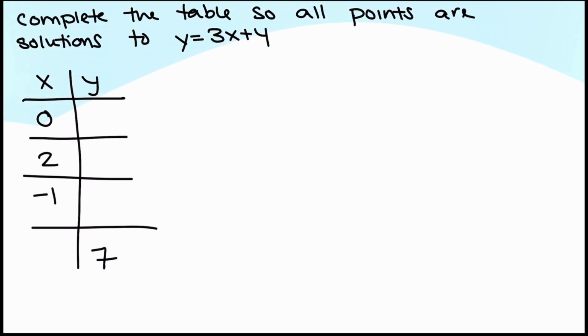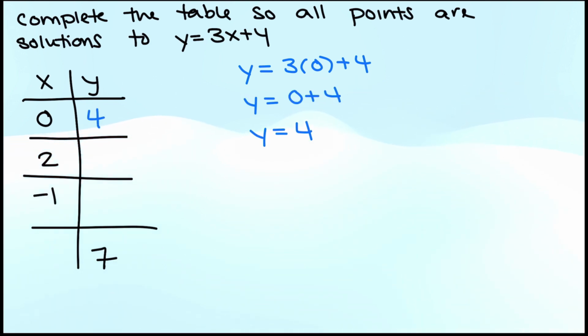So let's start with x equals 0. To solve, we're just going to take the number given and plug it into our equation. So I'm going to take 0, plug it in for x, and I get y equals 3 times 0 plus 4. That's y equals 4. So that means when x is 0, the y value has to be 4. The point (0, 4) is a solution to this equation.